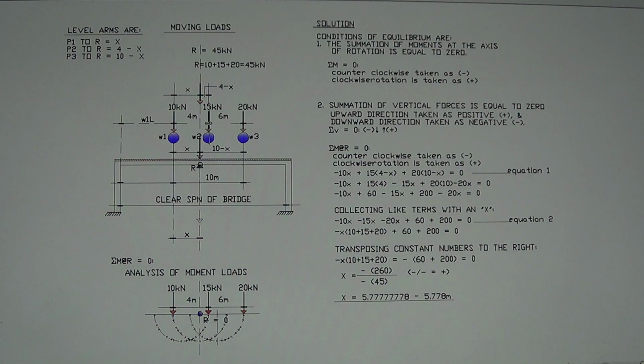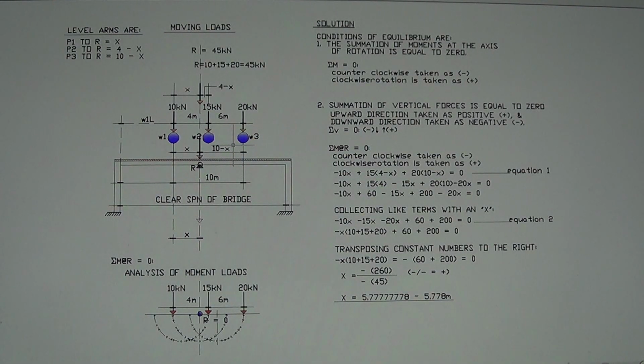The 15 kilonewton distance is 4 from wheel 1 to wheel 2, so cutting that with the line of action of R, this is 4 minus X. So the remaining distance from wheel 2, which is 15 kilonewton, is 4 minus X. And the next lever arm, for the 20 kilonewton, the total length is 10, and then minus X. So therefore the lever arm for 20 kilonewton is 10 minus X.